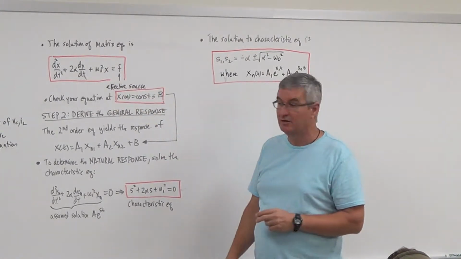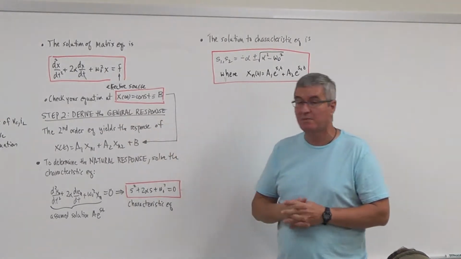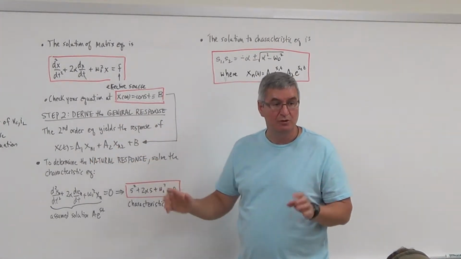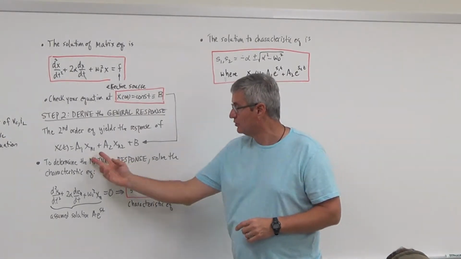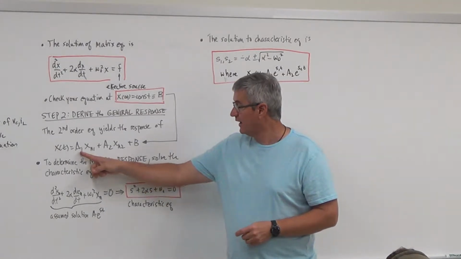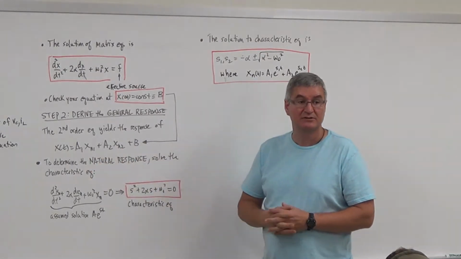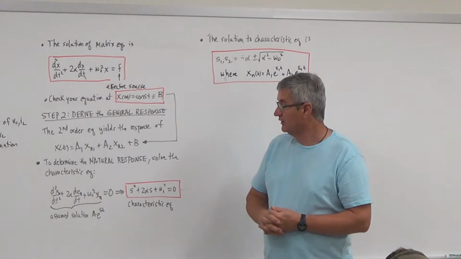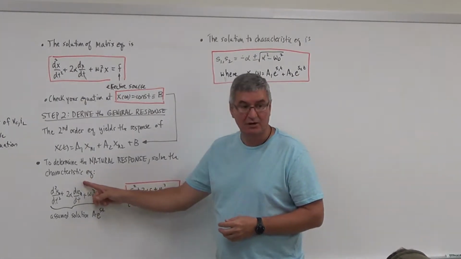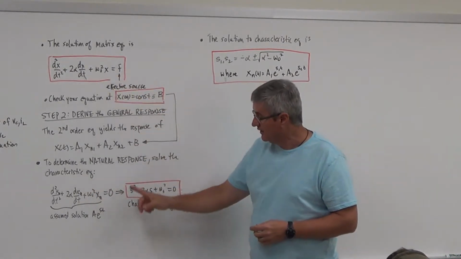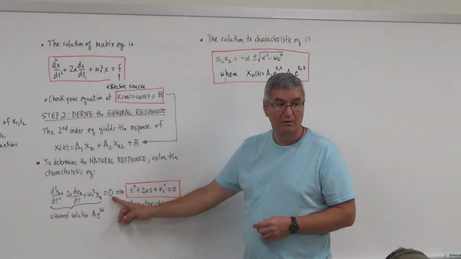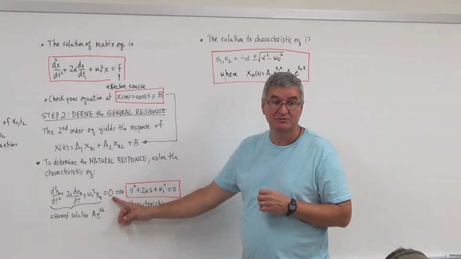Then the second thing is that we got to derive the general response. Because it's a second order equation, there are 2 terms for the natural response here. So I identify A1 and A2 as those constants that we got to find. To determine the natural response, we got to solve the characteristic equation. We look at this guy. For the natural response, the forcing response is 0.